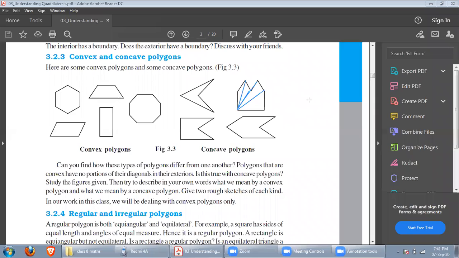Can my sound reach you? Yes. Okay. Then let's start for this point. This is one of the diagonals.